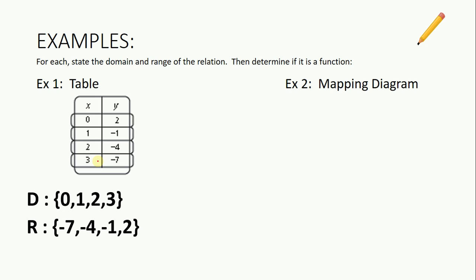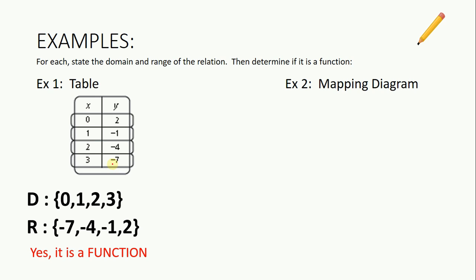That makes it a little easier for you to look at the numbers. Now, does each x value have only one y value related to it? So 0 only goes to 2. Notice there's no more zeros here. 1 only goes to -1, 2 only goes to -4, and 3 only goes to -7. Yes, this is a function.